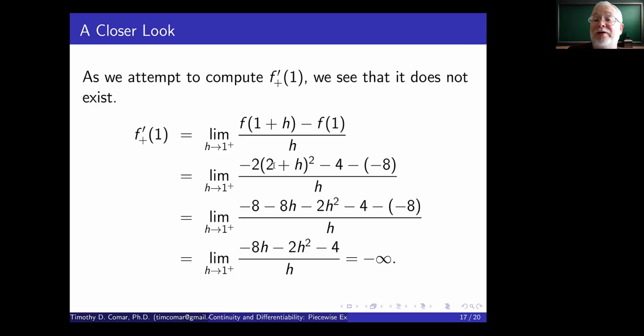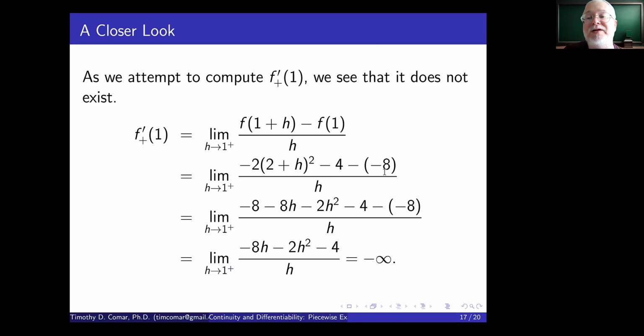Now we are going to attempt to compute the right-hand derivative at 1 and see that it does not exist. As we compute this, again, we're going to be computing the limit of a difference quotient as we're only coming in from the right-hand side. And as we're coming in from the right-hand side here, we're going to have to use that appropriate definition of the function here.